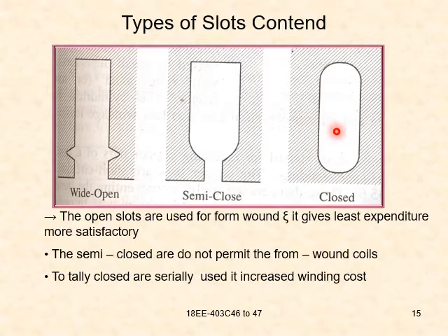If this winding gets damaged, it cannot be removed and used again and again. So this is like a use and throw. You need to buy a newer one, so it costs high.